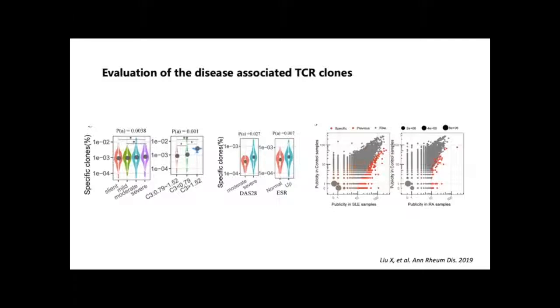But then we also looked at the TBAdb, which I just mentioned, the manually curated database, and some other databases like the VDJdb. We looked at the annotated SLE or RA associated clones and their appearance in our dataset. We identified some of the clones, not too many, but none of these clones showed any increment of the publicity.